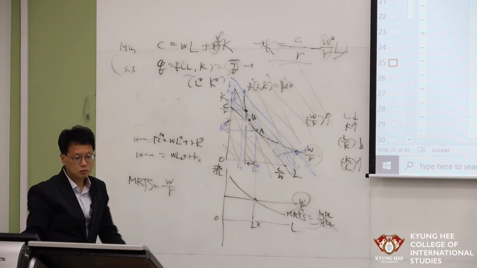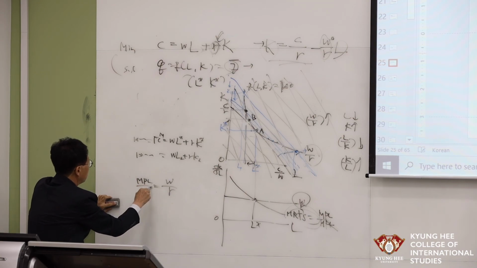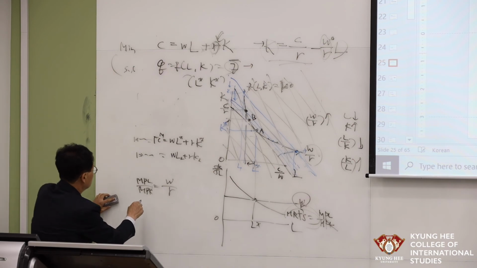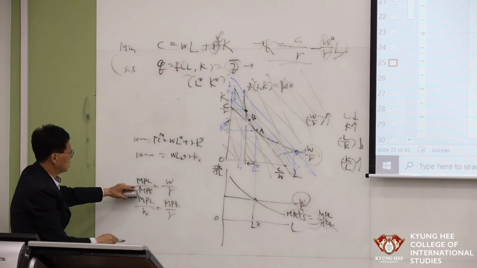And we know this one is MPL over MPK. So rewriting this, MPL over W is equal to MPK over R, same thing, right?